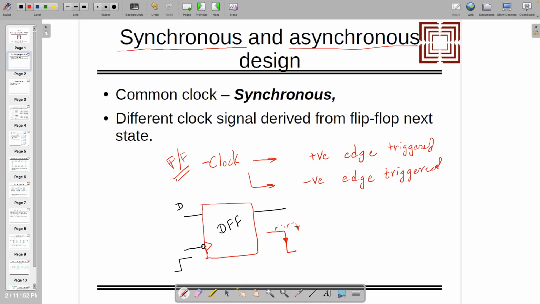So in the ideal situation, it's going to consider whatever is happening at exactly 0 time with respect to the negative edge trigger. But in reality, it has to take care of this particular window, which is the setup time and hold time, right? So that is how it has been calculated. Those things we have to consider in our design.